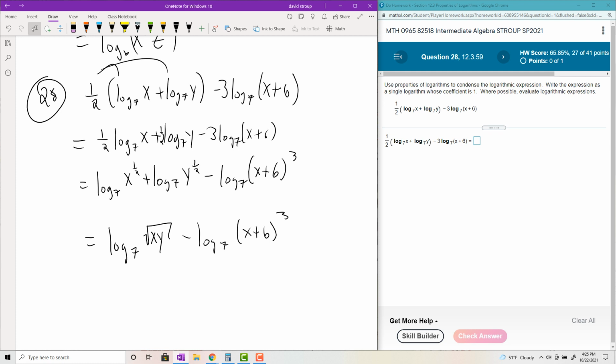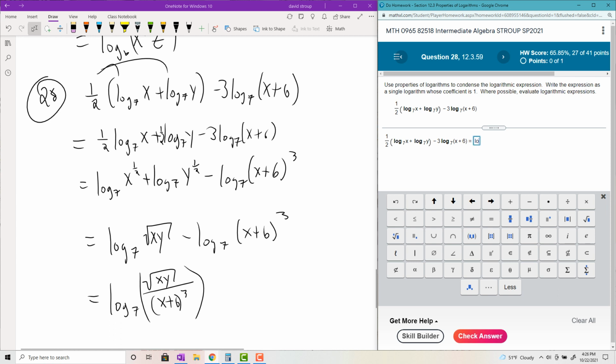Then I'm going to do a quotient rule. So log base 7 square root xy all over x plus 6 to the 3rd. And all of that is inside the log. Okay. So if you want to, I'll type it in: log base 7 of square root of xy.